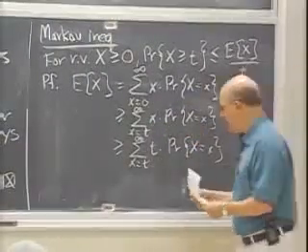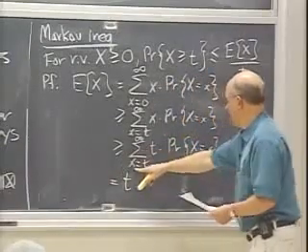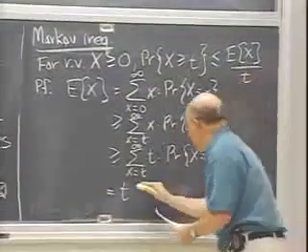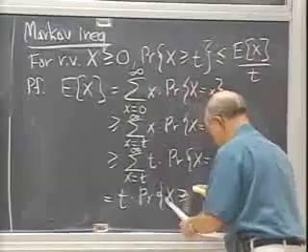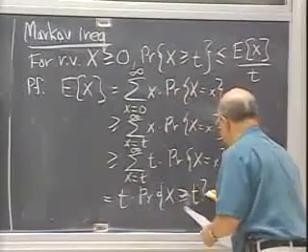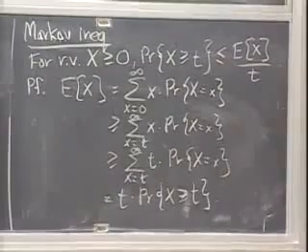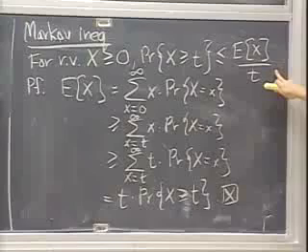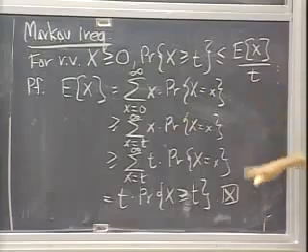That's just equal to t, because I can pull that out, times the summation from x equals t to infinity of the probability that X equals x, which is just the probability that X is greater than or equal to t. And that's done, because I just divide by t. So that's Markov's inequality.